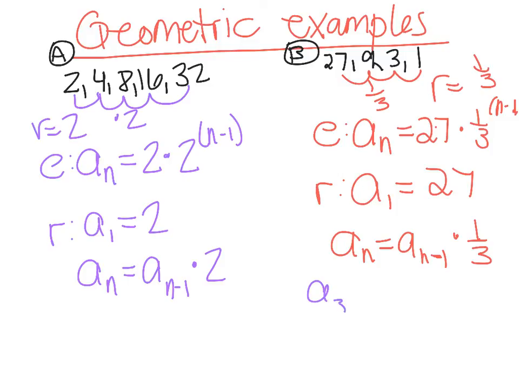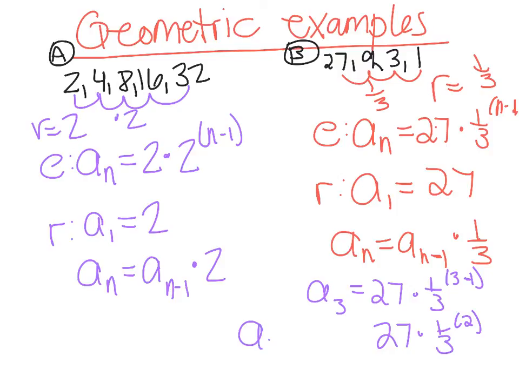So I'm going to do a sub 3 equals my first term, which is 27, times 1/3 to the n minus 1, so raised to the 3 minus 1 power. So that's really 27 times 1/3 squared. So really what I'm going to do is do that in my calculator, and I should end up with a sub 3, so my third term equals 3.